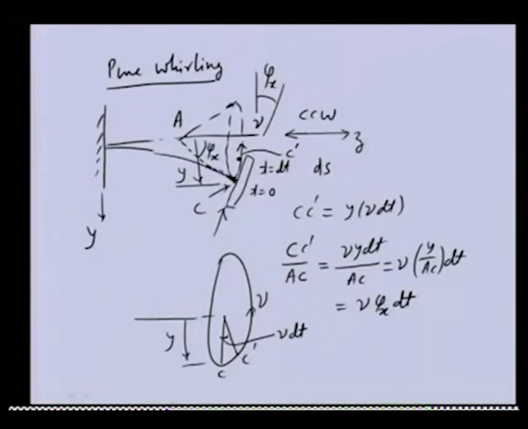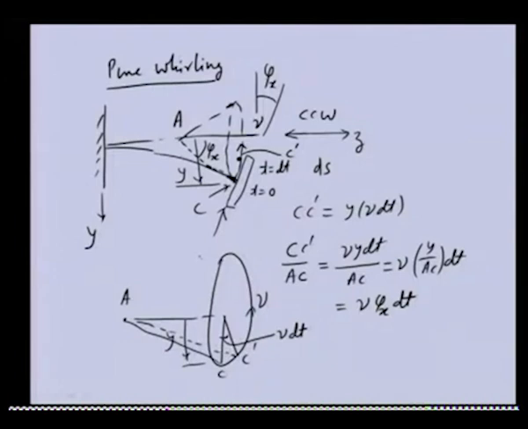If we see this particular point here, there is a line AC, this one, and there is another line AC prime.